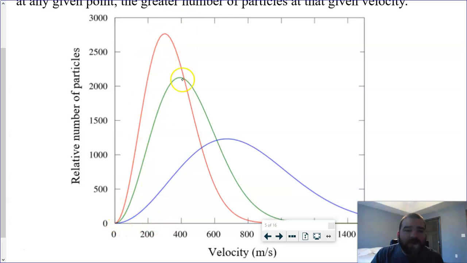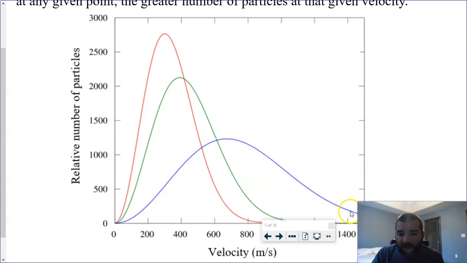So the whole distribution of a sample is the whole bell curve, right? Let's look at the blue one, for example. This blue one represents a gas. In that gas sample, some molecules are moving really slow, underneath 200 meters per second. A greater percentage of molecules are moving at 700 meters per second.